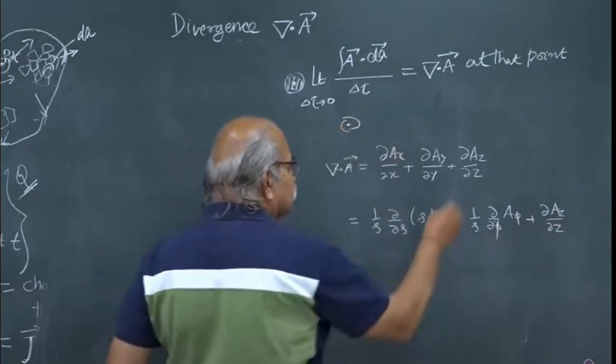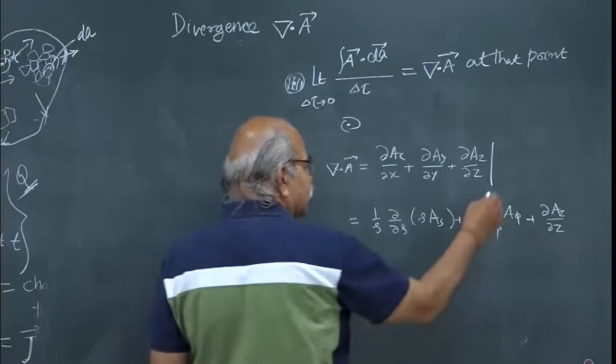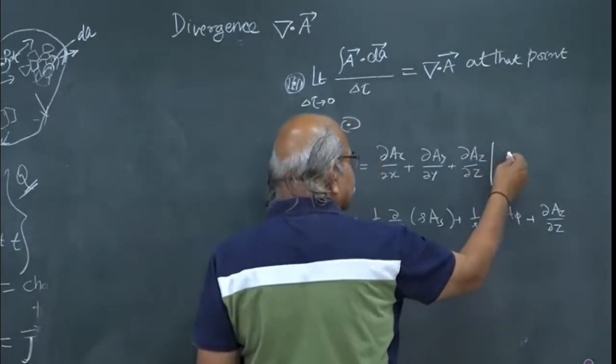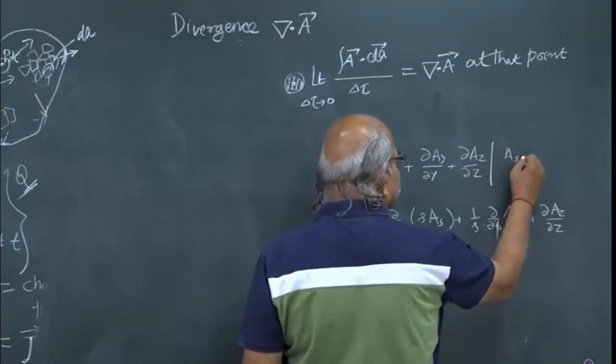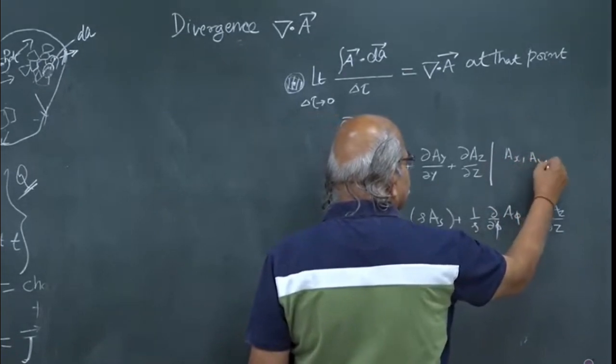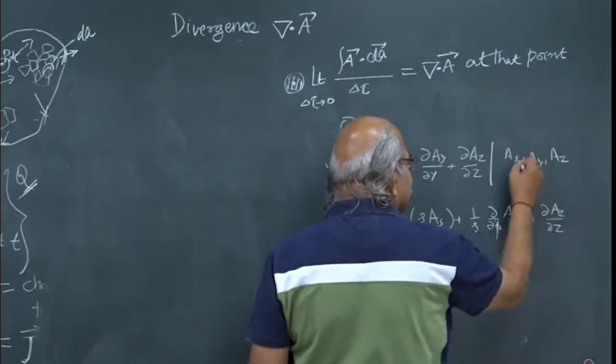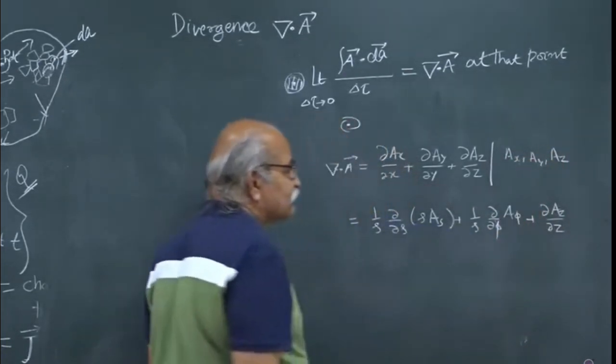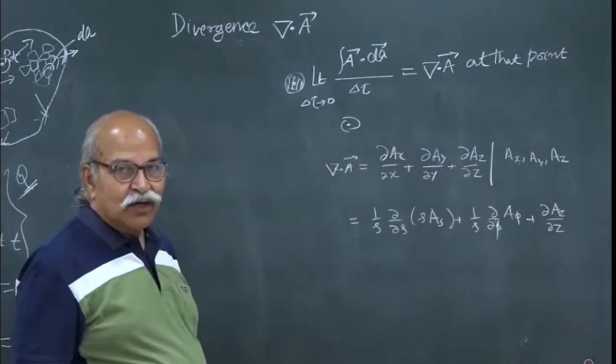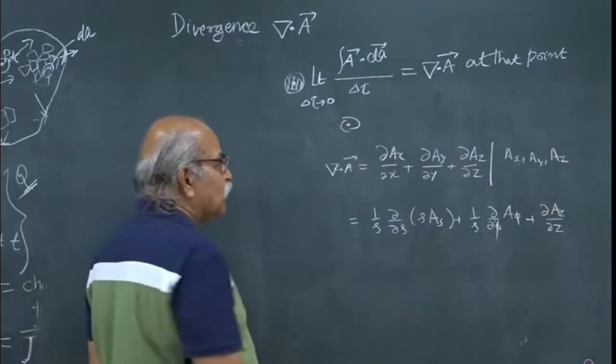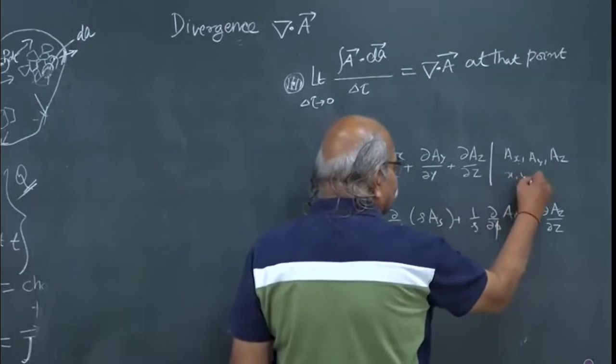If you are using Cartesian coordinates, everything is a function of Ax, Ay, Az. These are the x, y, z components of A, because you are using x, y, z Cartesian coordinates.